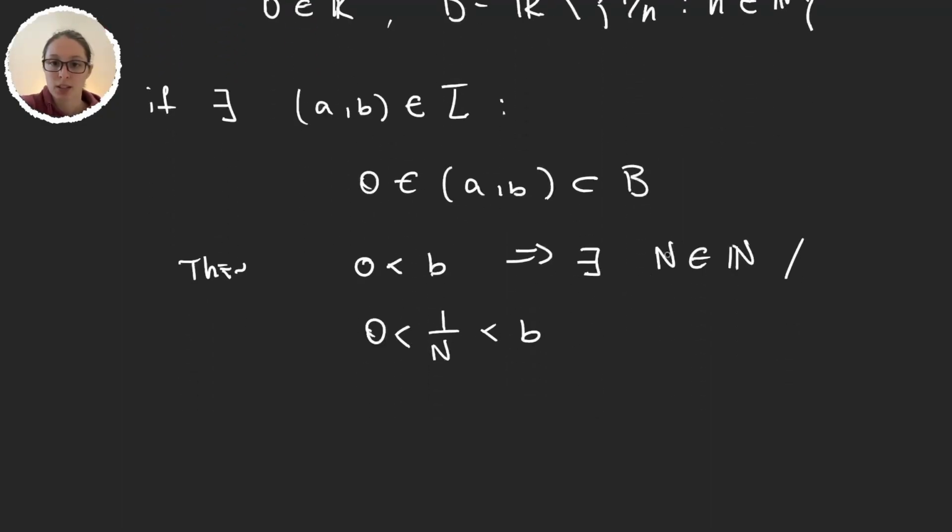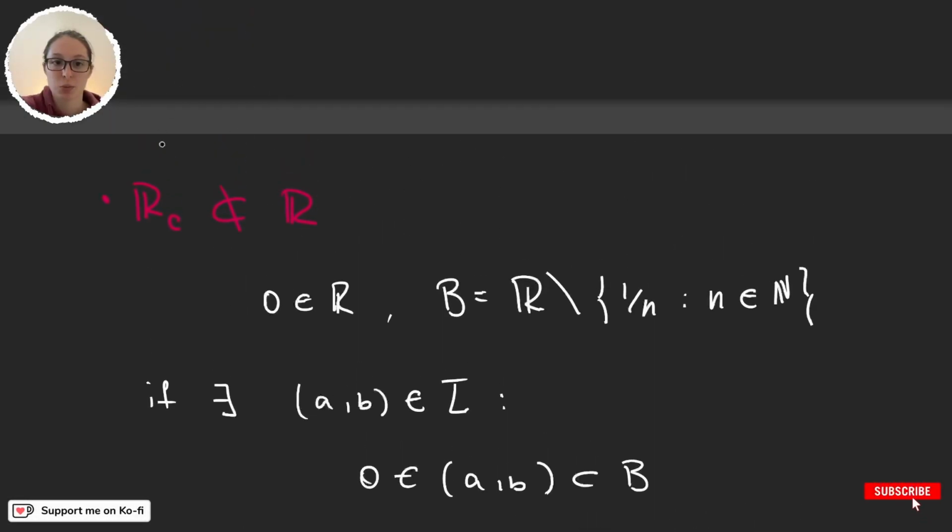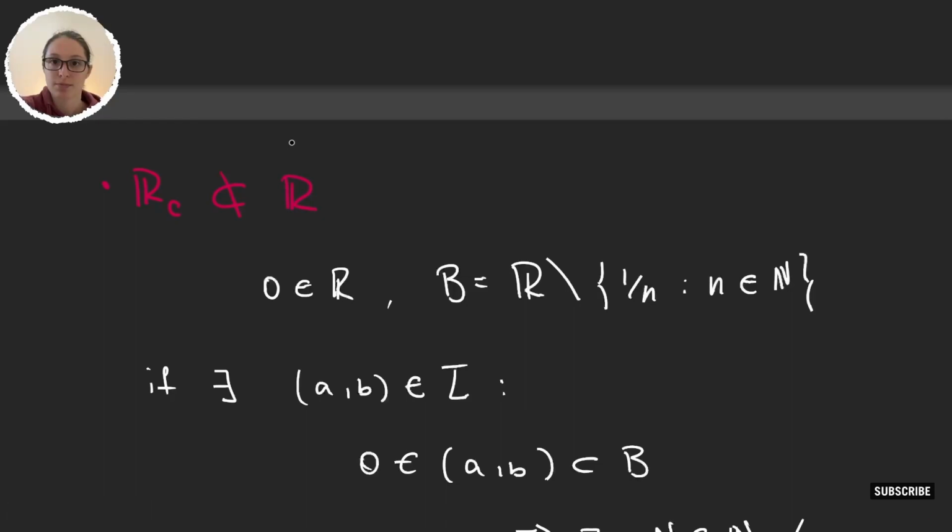And so this cannot happen because 1 over n is an element in (a, b), but 1 over n is not in B. And so we have an absurd, and this inclusion is not valid.